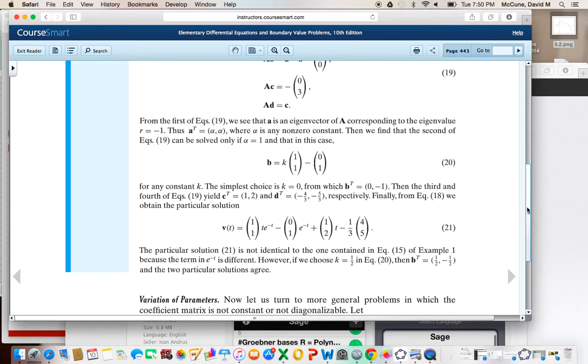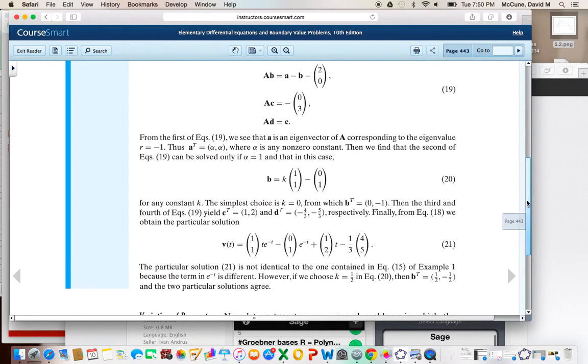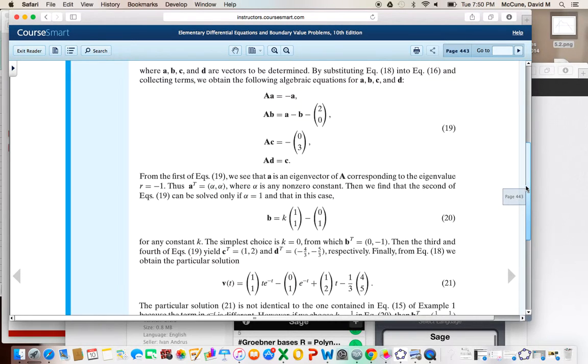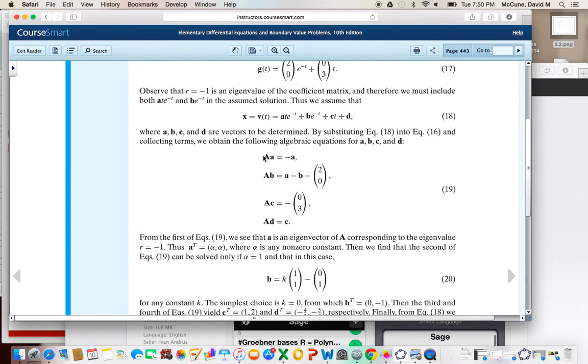Okay, so what I hope you've taken away from this example is that even though the computational algebra might be intimidating, that's fine if it is intimidating to you, okay? But even though it might look bad, this is the same thing as chapter 3. It's the same exact idea. You make a guess. Your guess involves constant coefficients that you have to determine.